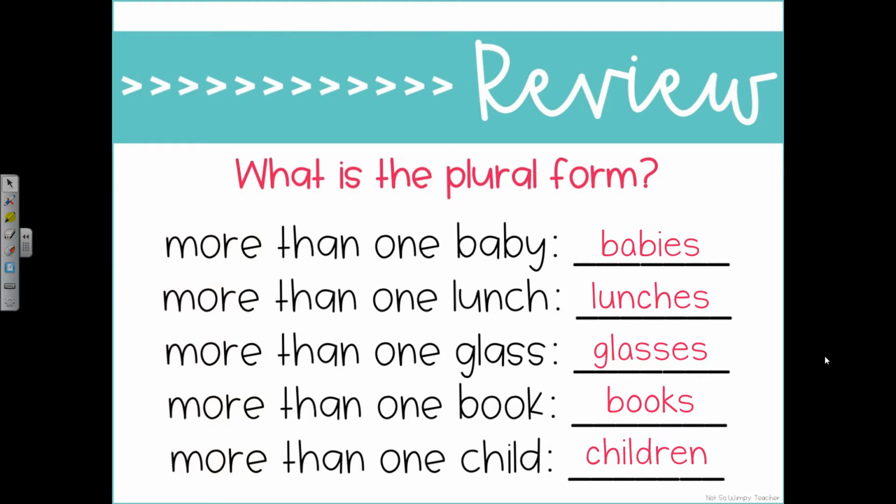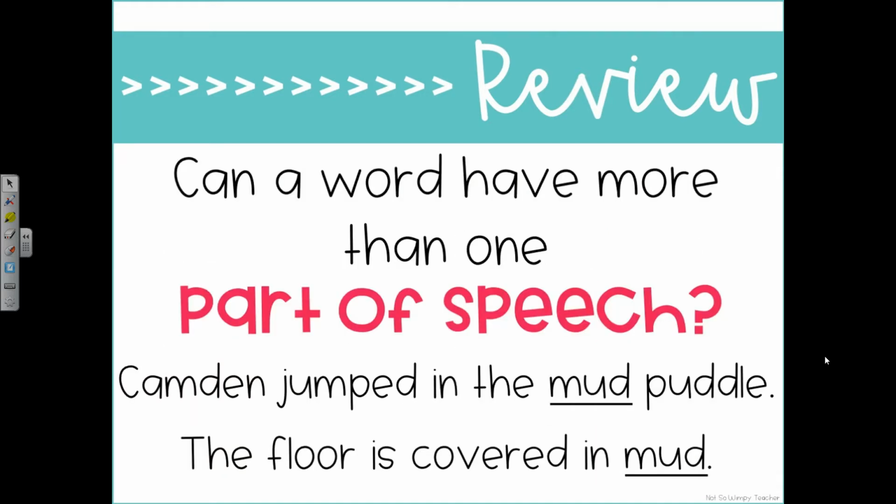That one is irregular. Can a word have more than one part of speech? Think about that question. Camden jumped in the mud puddle. The floor is covered in mud. Here we have the same word underlined, mud and mud.